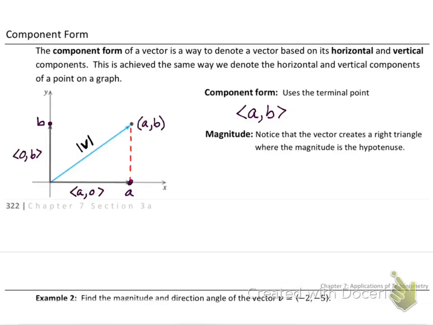One of our sides is going to be length b. So the dashed line I just made has length b, where this line is length a.